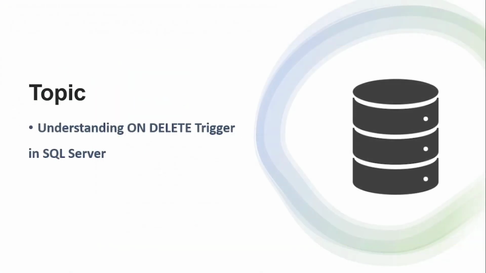I hope you have understood what an on delete trigger is and how you can use this delete trigger to audit your delete logs, and also print custom error messages when you delete an employee from the table. When a row has been referred in certain other tables without any foreign key reference, you can perform the data integrity operation by using this delete trigger.